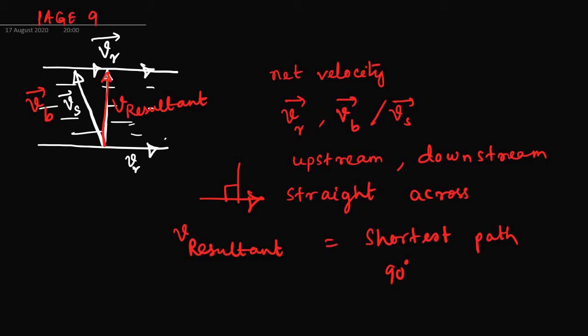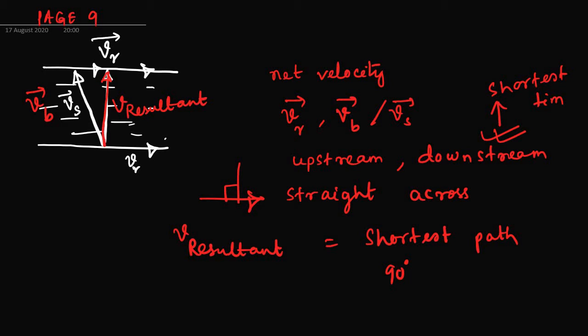So the boat covers the distance in the shortest time when it is going downstream. You must remember, downstream is the shortest time, because the river velocity is adding up to the velocity of the swimmer or the boat.